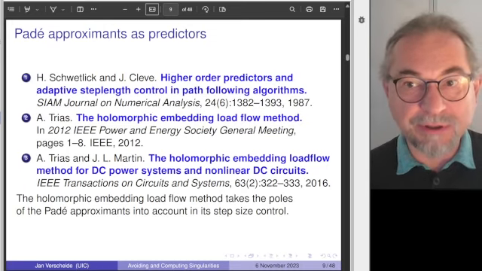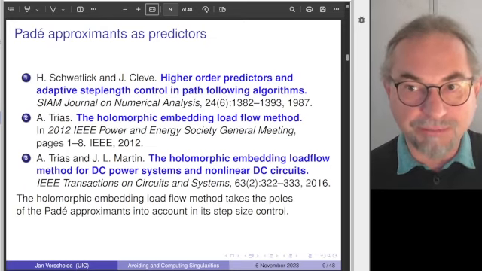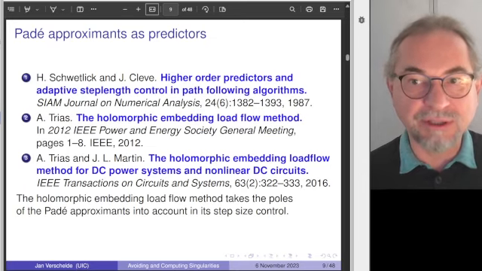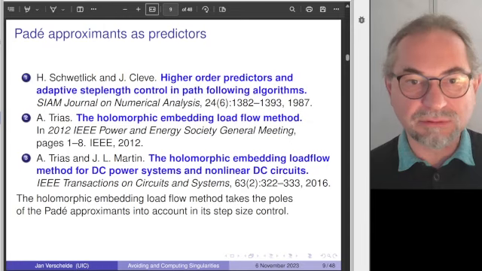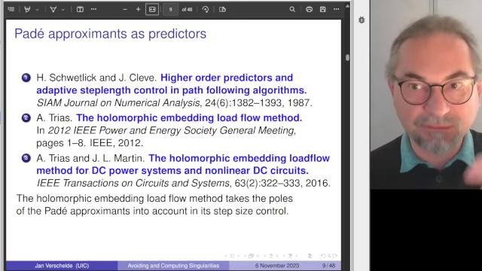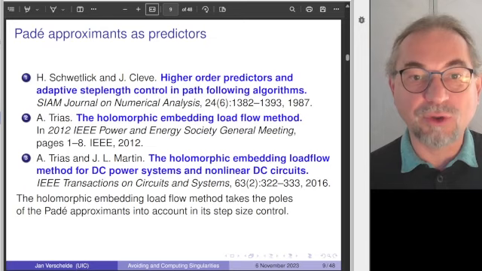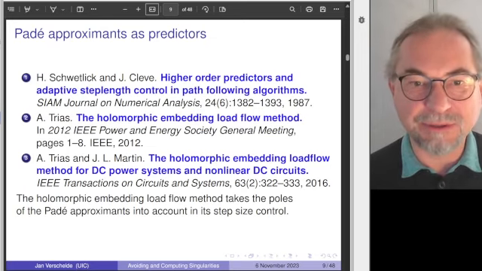But in that paper, the predictor had a quadratic numerator and a linear denominator. The root of the denominator was not used. So the poles of the Padé approximants, I found, were used in the holomorphic embedding load flow method in the IEEE literature.